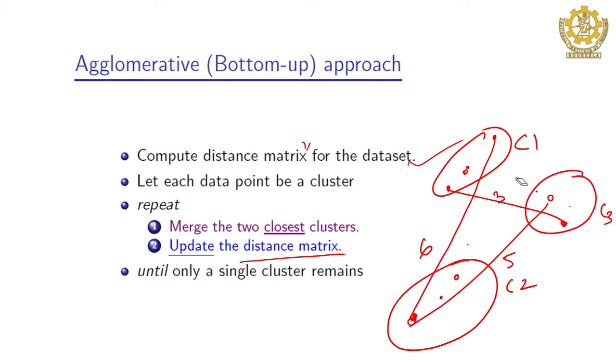Now, which cluster will be merged? Among these distances you have to find the minimum, the closest one. So, C1 and C3 will be merged. While computing distance you use those formulas, but when you merge the clusters you always choose the minimum distance. You do not merge C1 and C2, that is not right, because it is said to merge the 2 closest clusters.